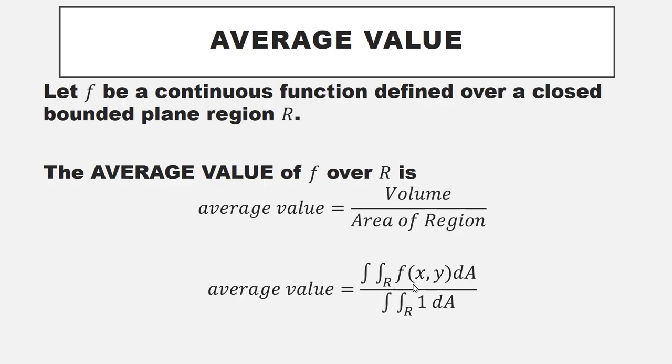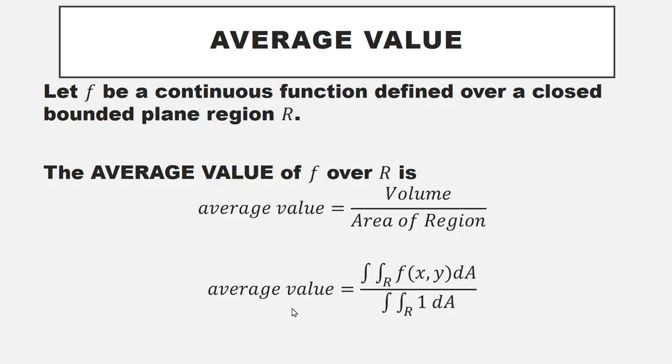So if we do a volume calculation divided by the area, this is a 3-dimensional quantity divided by a 2-dimensional one, we're going to get a single dimensional value that is the average value of my function over the region.